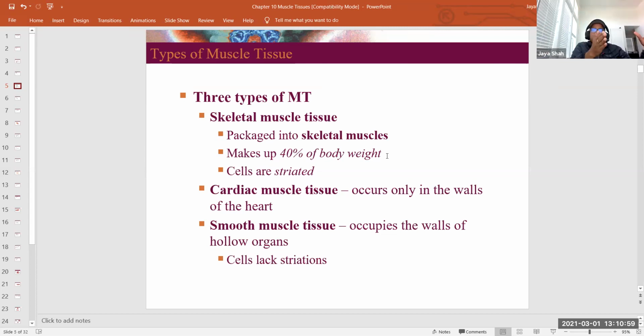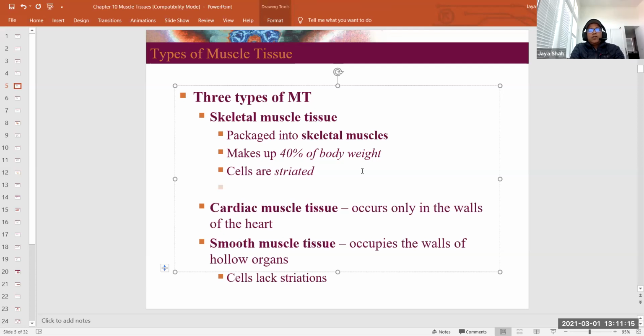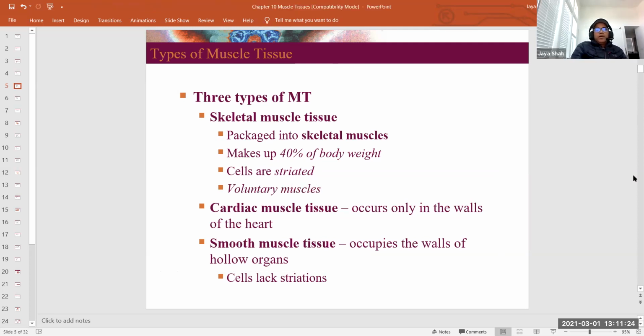There is a dark band and there is a light band. Skeletal muscle is also called voluntary muscle because you can contract it whenever you want.